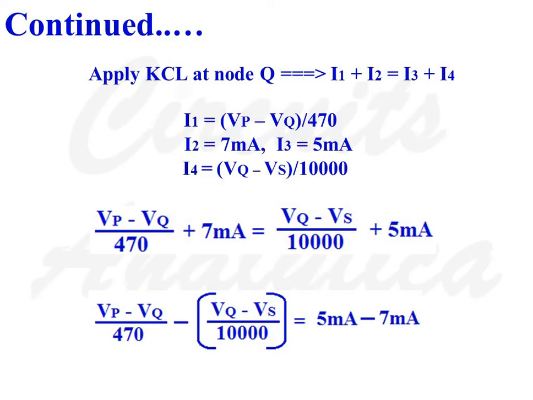So rearranging the terms, we will get Vp minus Vq the whole divided by 470 minus inside bracket Vq minus Vs the whole divided by 10,000 is equal to 5 into 10 raised to minus 3 minus 7 into 10 raised to minus 3.